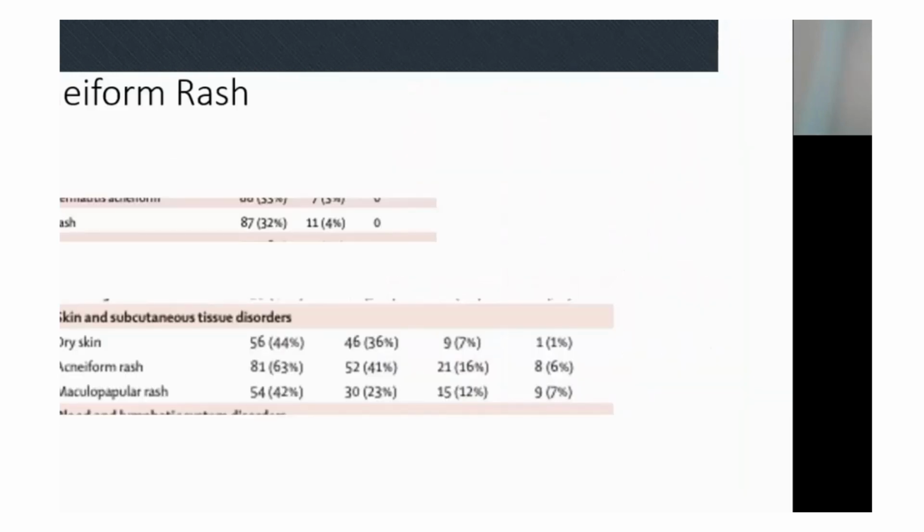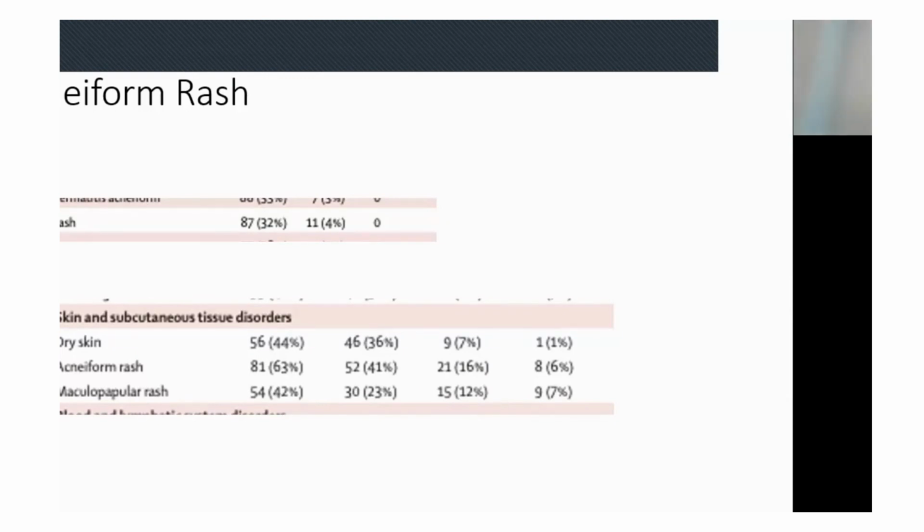So acneiform rash. Acneiform is kind of what it sounds like, acne. This is a rash that can commonly occur with giving a MEK inhibitor, as well as other drugs that target that central axis that we talked about. Other rashes can occur. Skin findings, as we mentioned, are not an uncommon side effect of these drugs.